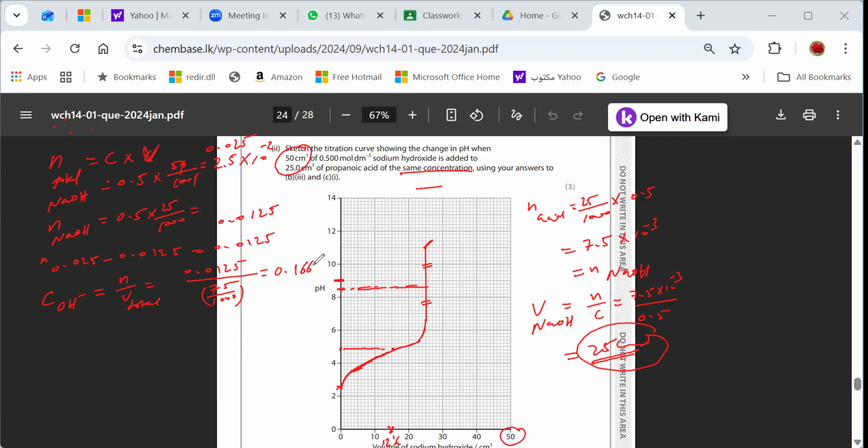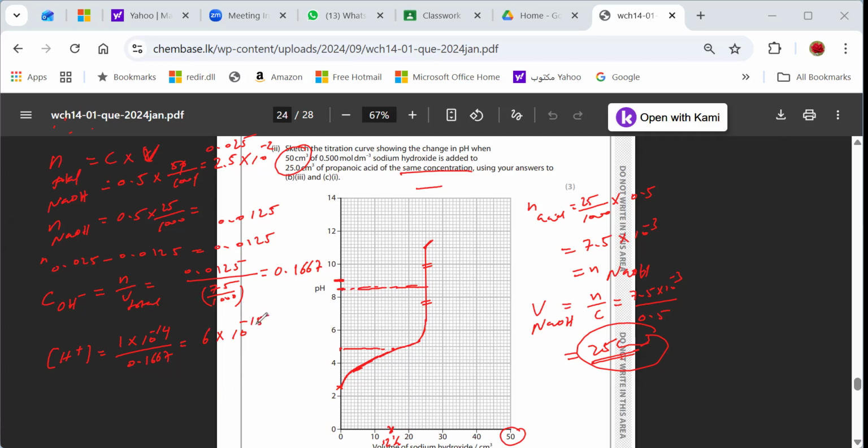0.1667. So this is the concentration. If we want to get the hydrogen ion concentration, it's 1 times 10 to the power minus 14 over 0.1667. That's 6 times 10 to the power negative 15.